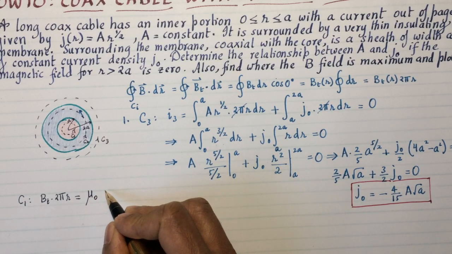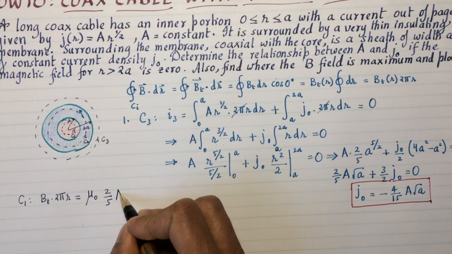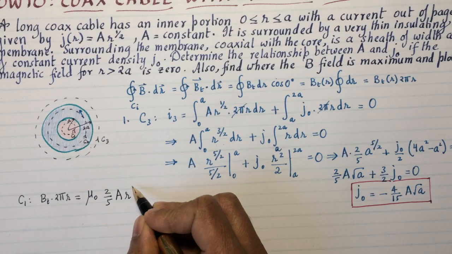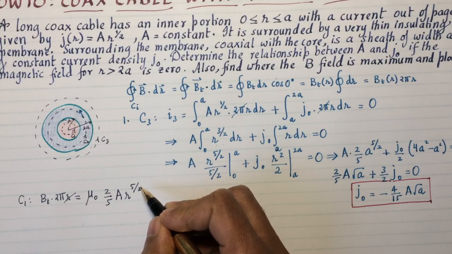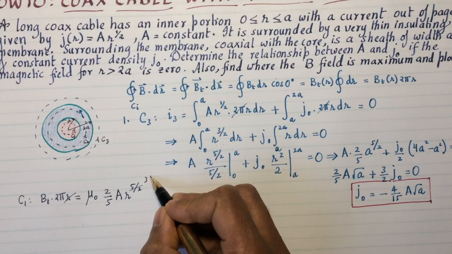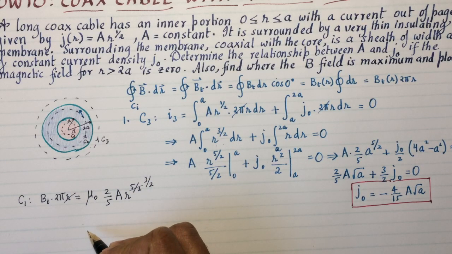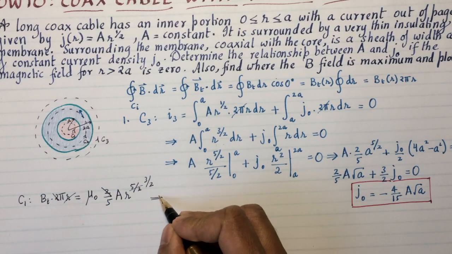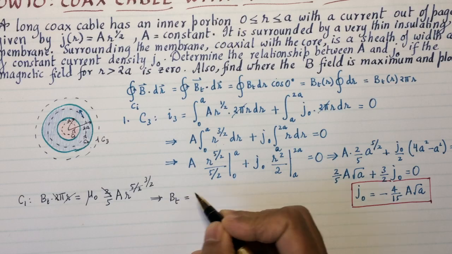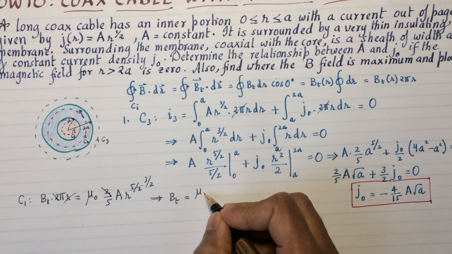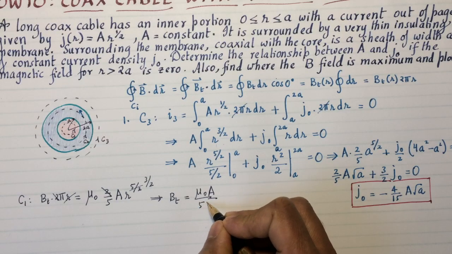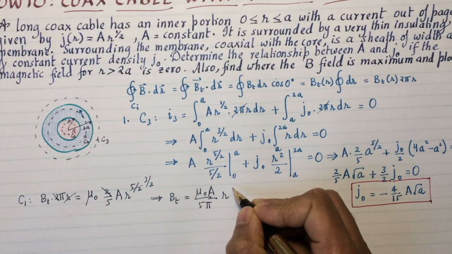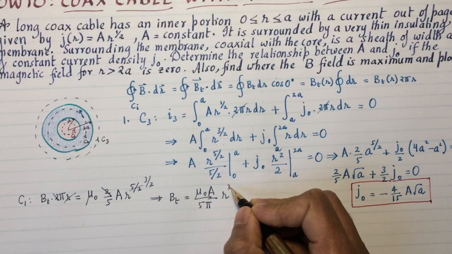So that's going to be 2/5 A r to the 5 halves. And then if I cancel out an r factor from both sides, I'm going to get 3 halves here. I can take out that 2. So I get Bt must be equal to mu naught A over 5 pi r to the 3 halves.